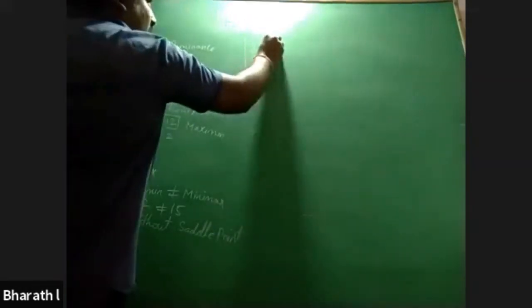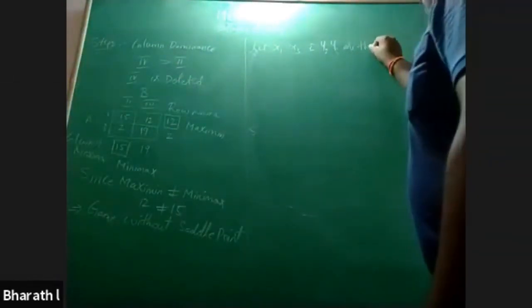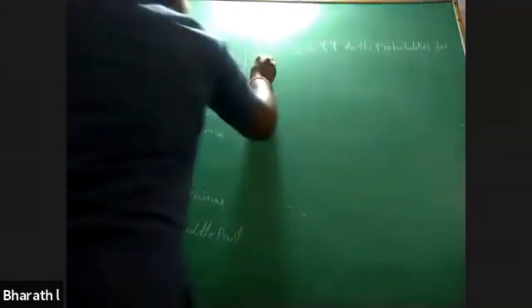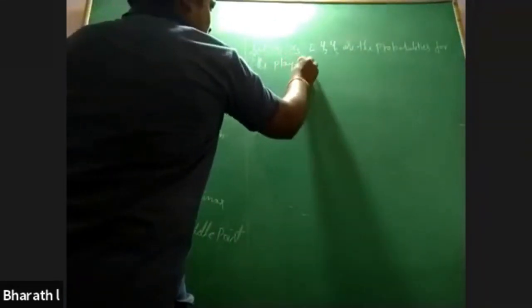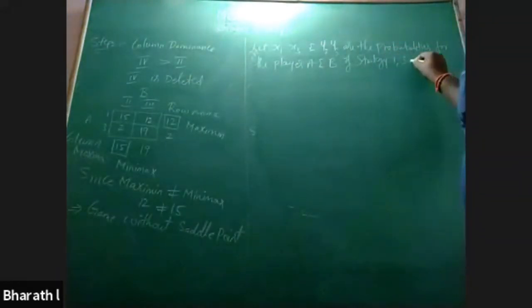Therefore, let x1, x3, and with respect to player B, second and third, y2 and y3, be the probabilities for player A and B of strategy 1, 3, and 2, 3, respectively.